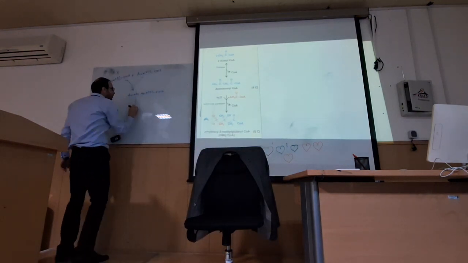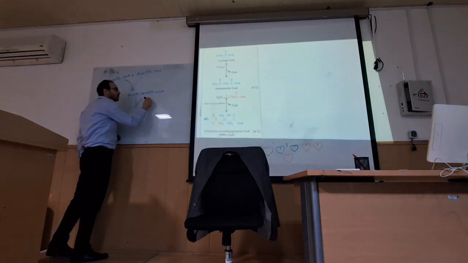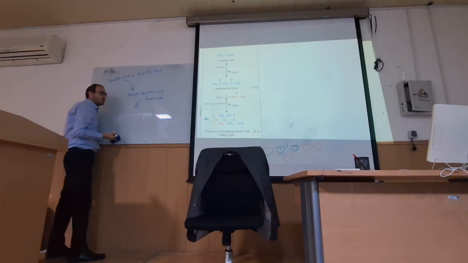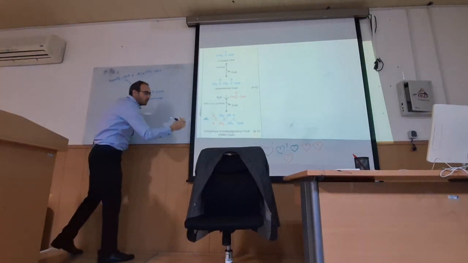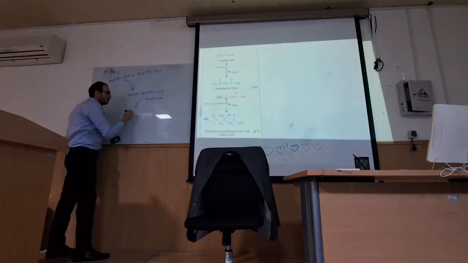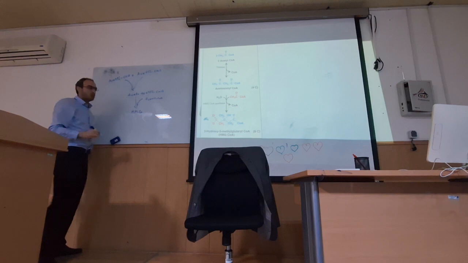Then another molecule of acetyl-CoA comes and produces what? In brief, we just call it HMG: hydroxymethylglutaryl-CoA, HMG-CoA.